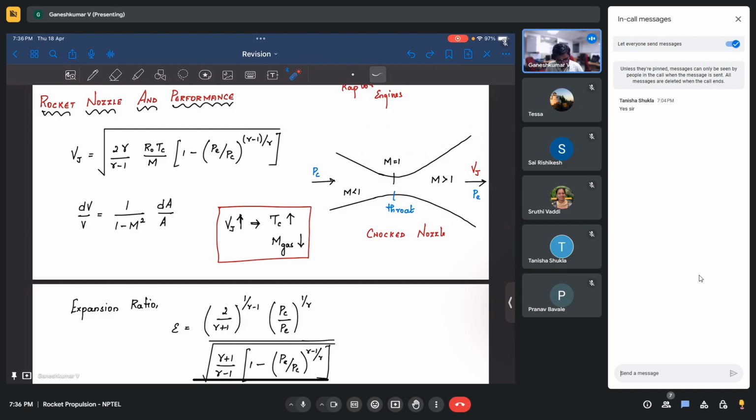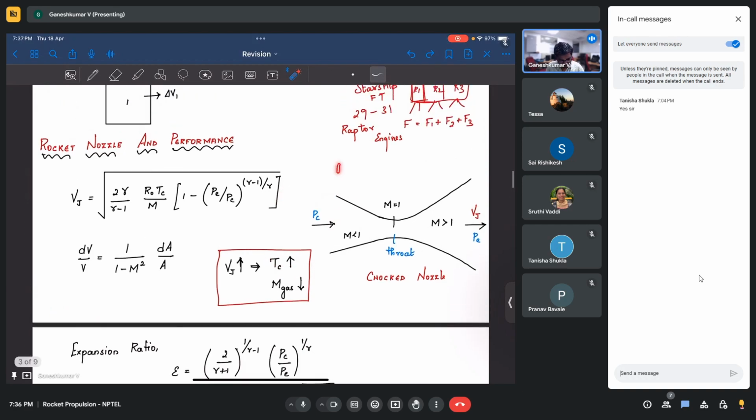Okay, so this will be the nozzle, and in the nozzle the pressure here would be high, the pressure here would be low, and basically it will be ambient pressure initially, and here the pressure will be high. We will see why the pressure is high or temperature is high, but basically the pressure is high.